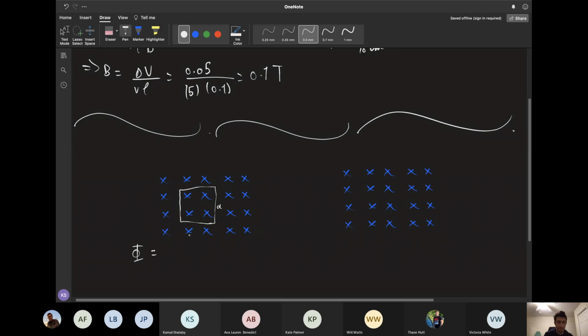And it's perpendicular, and your flux is B. Yes, it will be A B. Okay, so let's call this A, and this is 1.5 A, and it's still B. So what would your flux be?